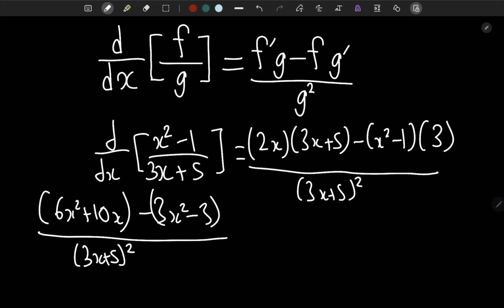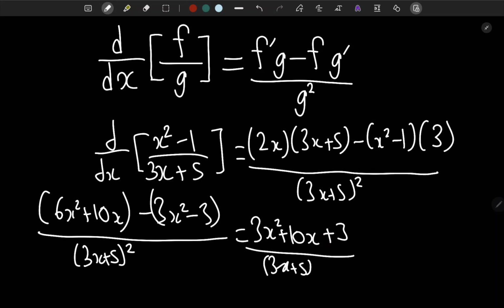We can simplify this to 6x squared minus 3x squared, so 3x squared plus 10x, minus 3, so plus 3, over 3x plus 5 squared, and this is the final answer.